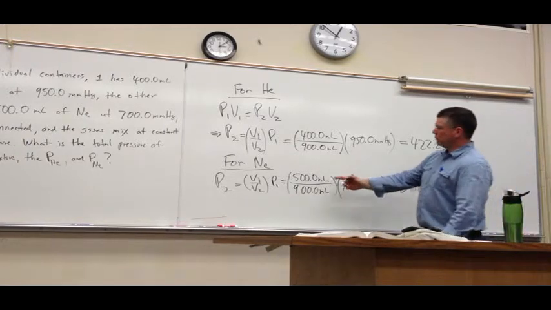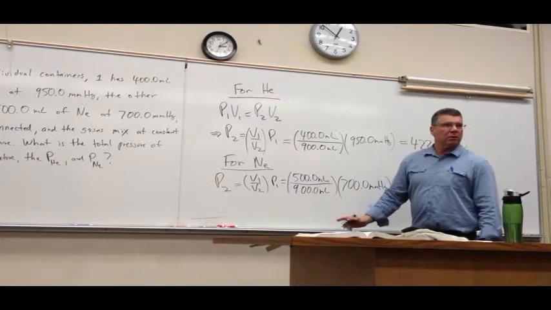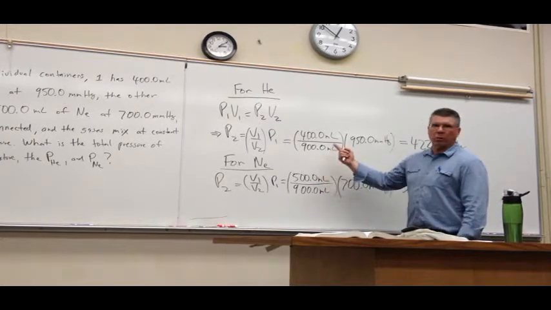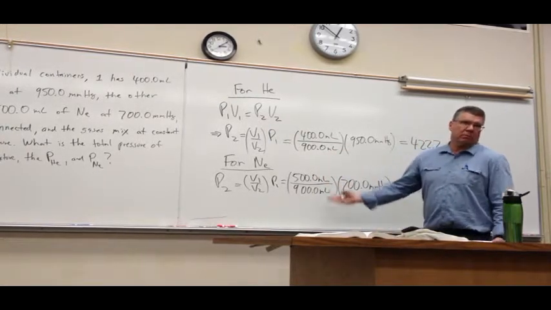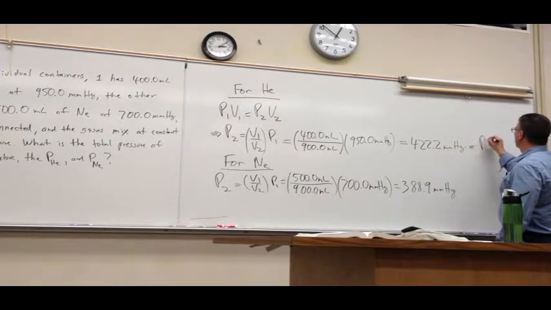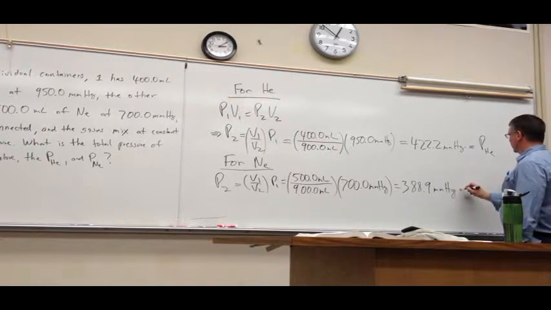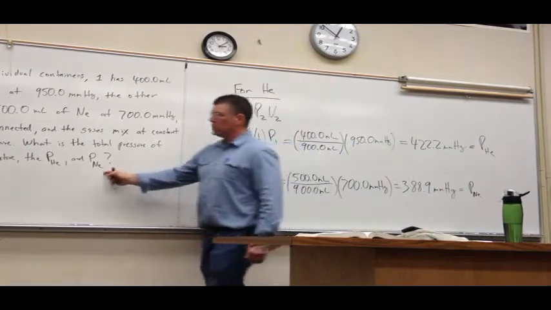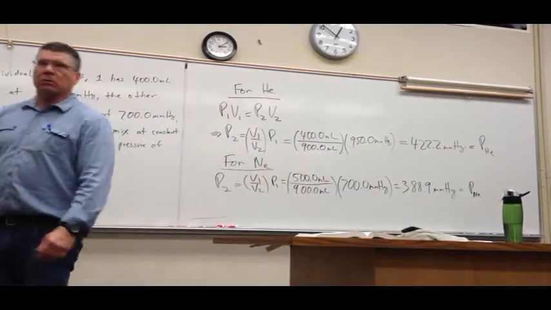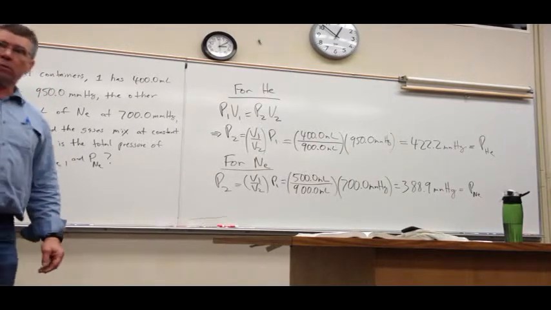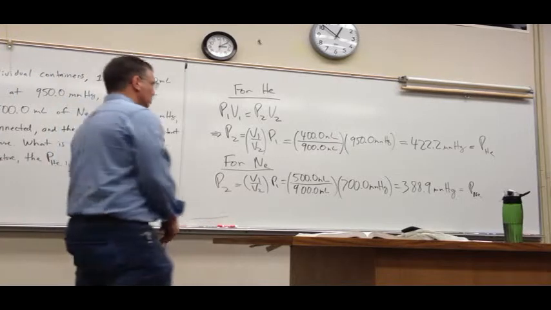Notice we didn't have to convert the volumes to liters because they cancel, right? It doesn't matter if it's in liters, quarts, milliliters, what have you. It's going to cancel. So now we know the partial pressure of helium and the partial pressure of neon. We answered these two questions, right? How do we get the total pressure? Add them up. Dalton's law of partial pressures, right? Total pressure is the sum of the partial pressures.